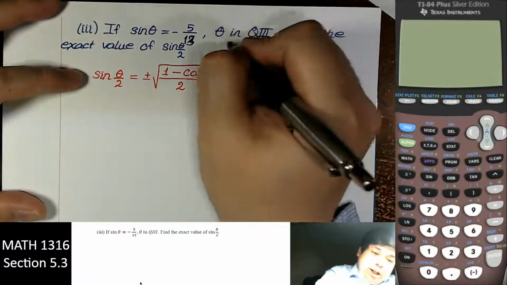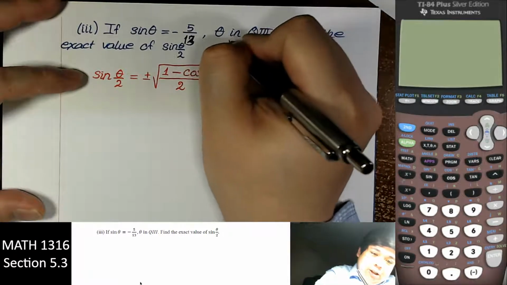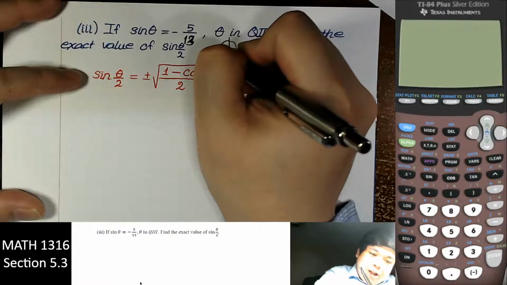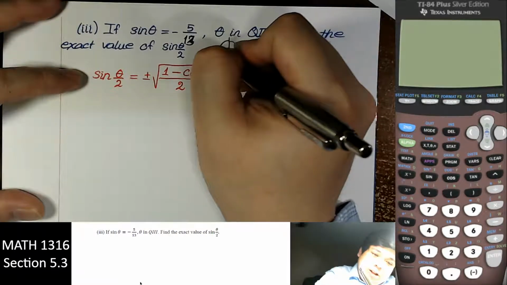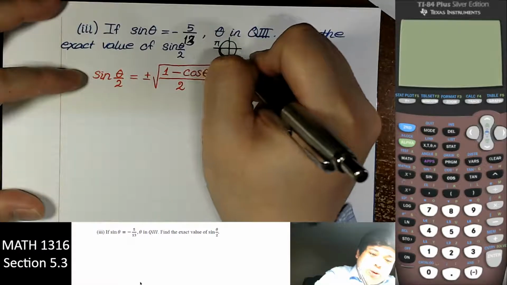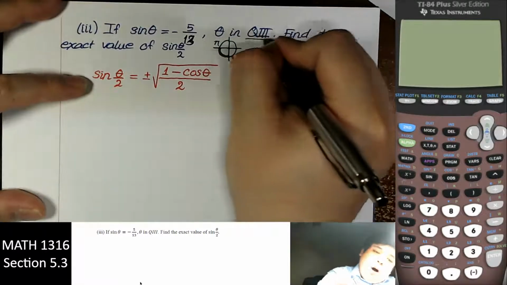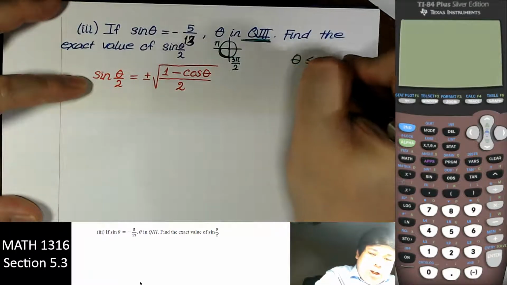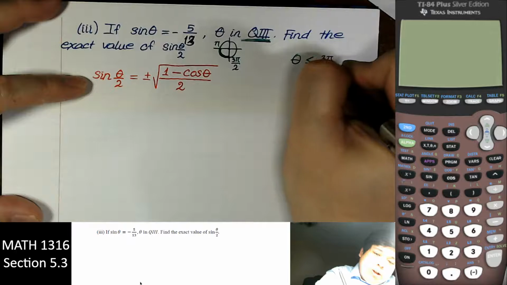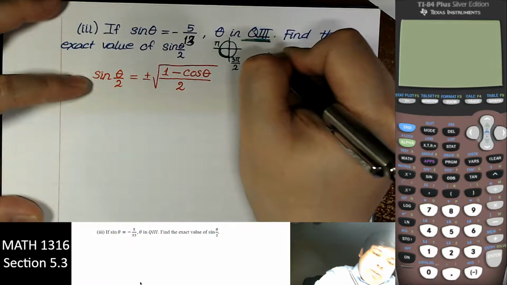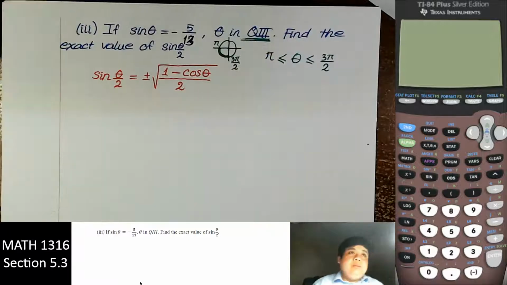So first, quadrant 3 is about this, right? Which is going from pi to 3 pi over 2.